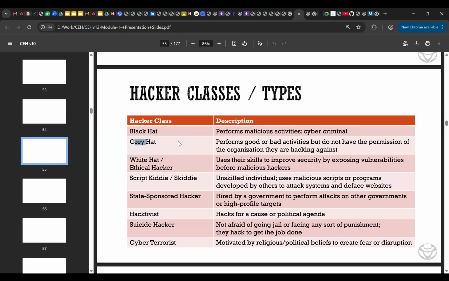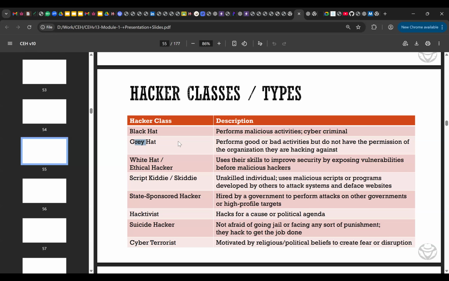Next, we have a white hat or ethical hacker, who uses their skills to improve security. Then we have script kiddies. Script kiddies are unskilled individuals who do not have knowledge, but they get or create some small programs in order to attack systems.